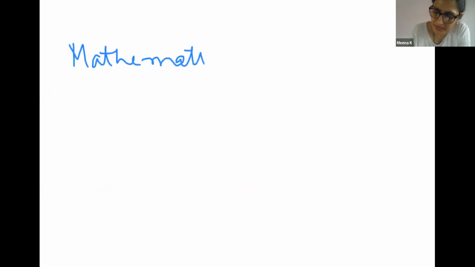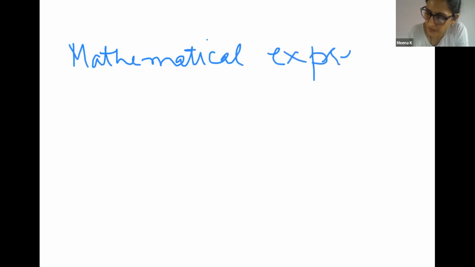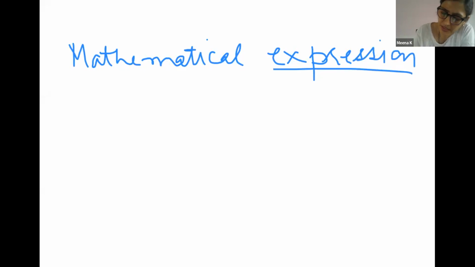So in your equation, we have some mathematical expressions. Now, when I'm saying mathematical expression, what does that mean? Expressions you have learned last year, like Darsh had given one example here. Somebody said 3x minus 4y or anything, right?